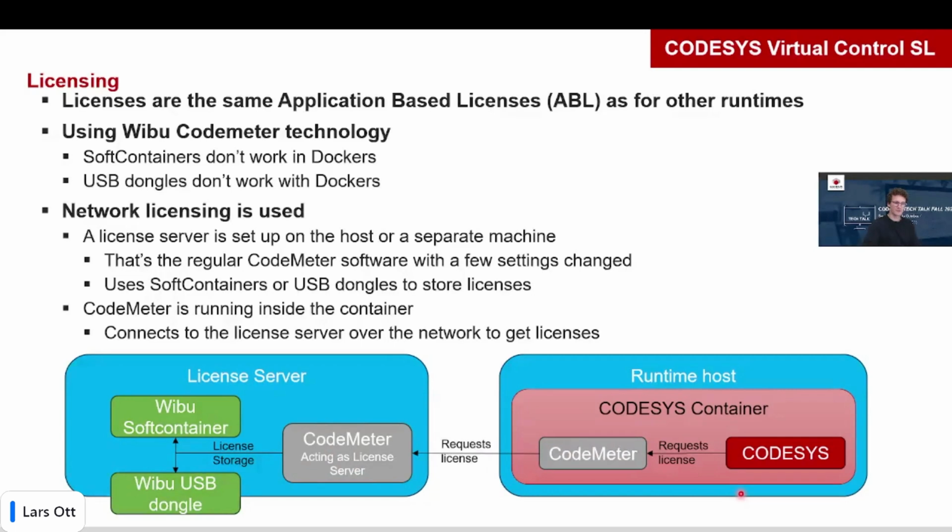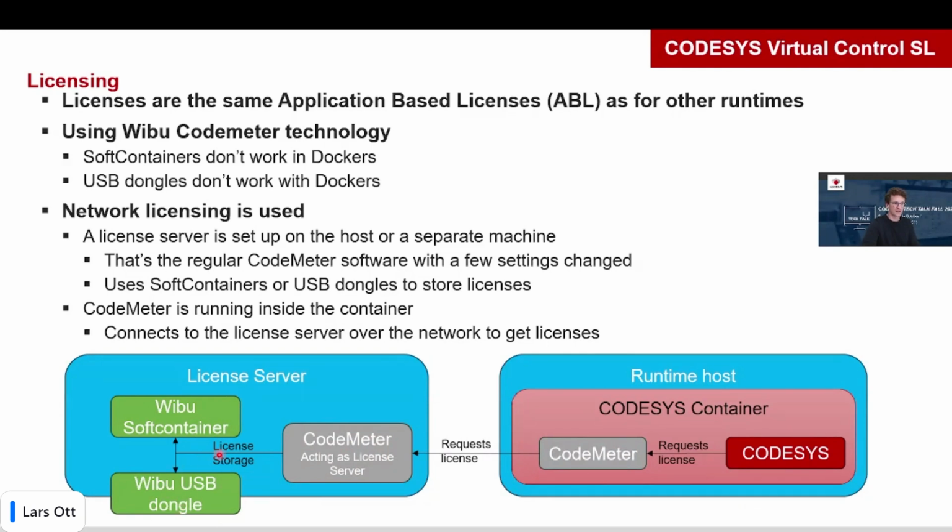So the licensing flow goes like this: the CODESYS runtime asks the container CodeMeter for a license, and that container CodeMeter in turn asks the network server. The network server then goes to its local license storage, which is the classic soft container or USB dongle, because this is now natively running on a normal Linux machine.